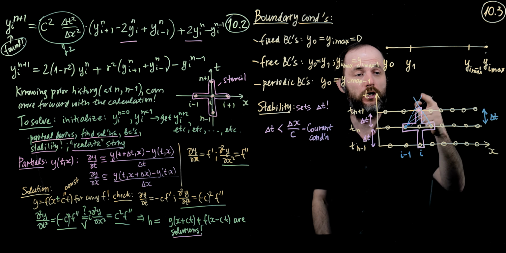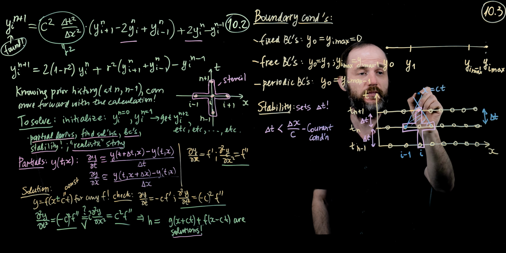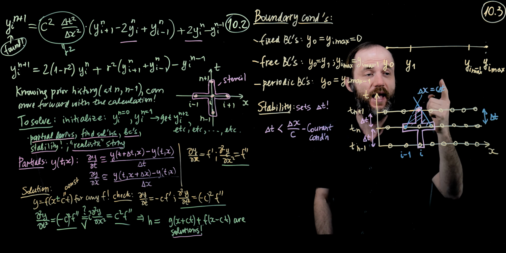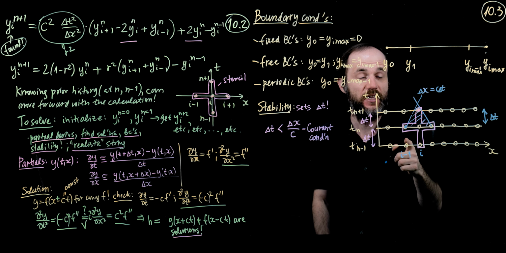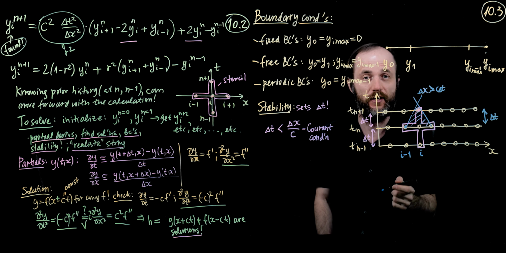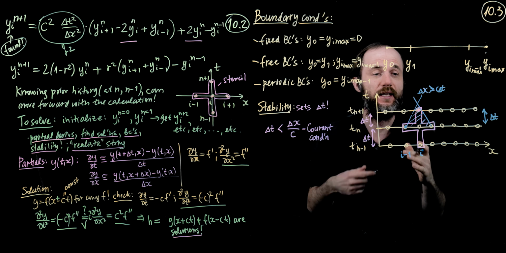And so because the equation for the wave is that x is equal to ct, then it means that delta x is equal to c delta t. And we know that we would like to have this condition, that delta x is greater than c delta t, so that the waves from outside cannot get inside.